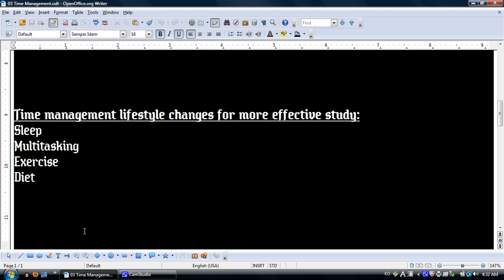The second lifestyle change that you may want to consider making when it comes to studying effectively is to look at your multitasking habits. We live in an age that encourages multitasking.